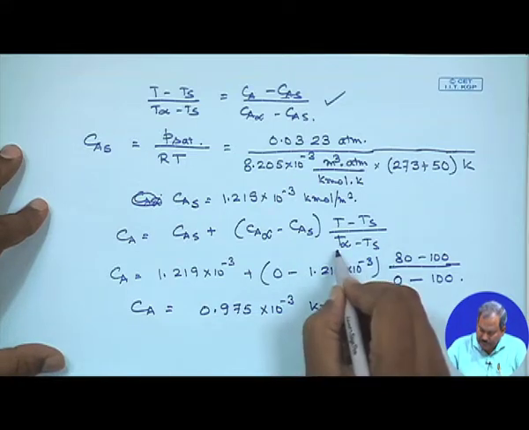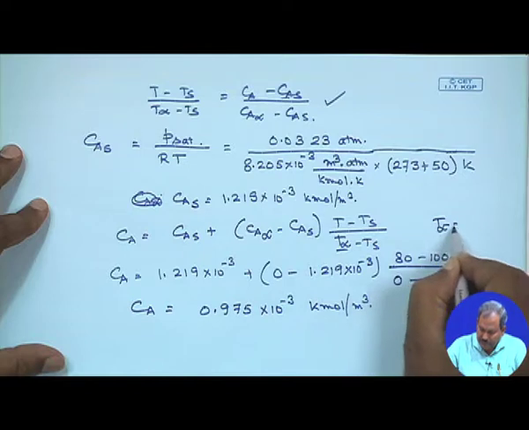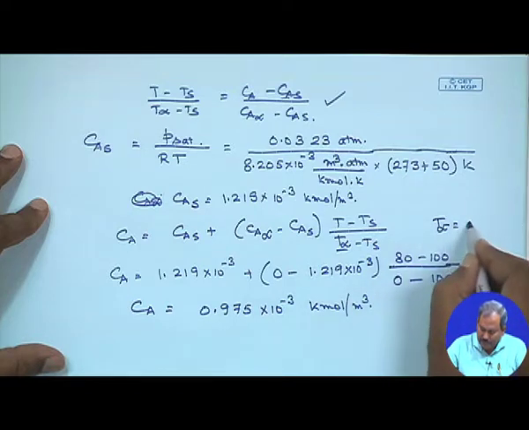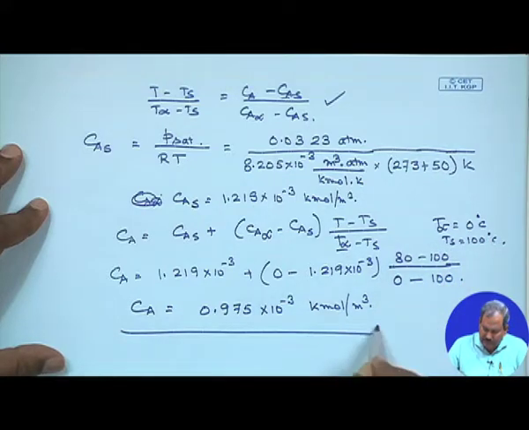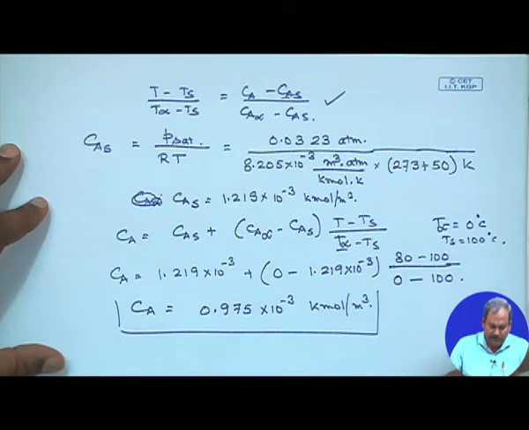So, this T infinity, as you see in the problem, is 0 degree centigrade and Ts is 100 degree centigrade. So, this is the first part of the problem.